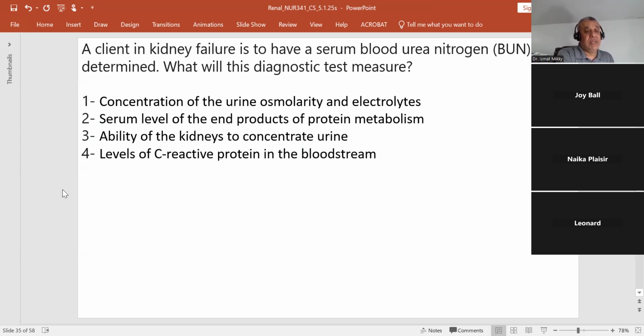Blood urea nitrogen. And that has to do with what I mentioned about why the BUN is not a highly reliable or valid renal test or indicator of kidney function, because of factors that may fluctuate and change the BUN.